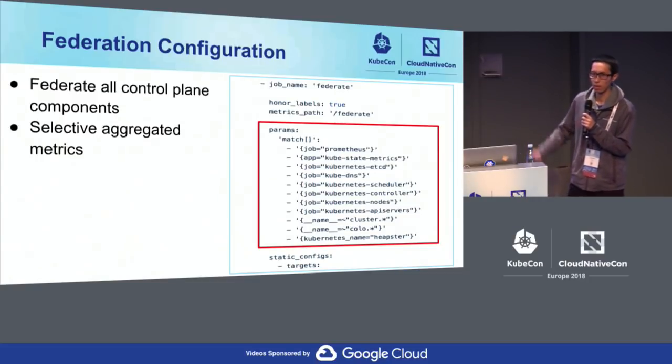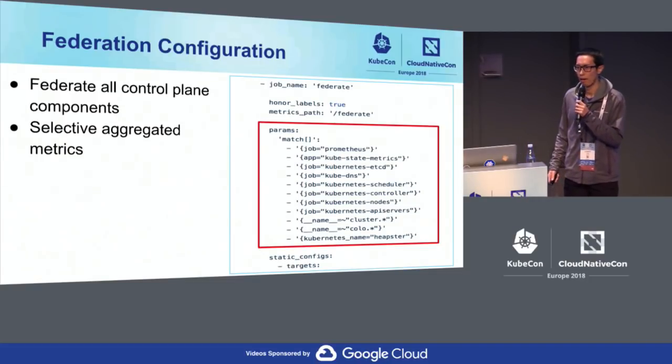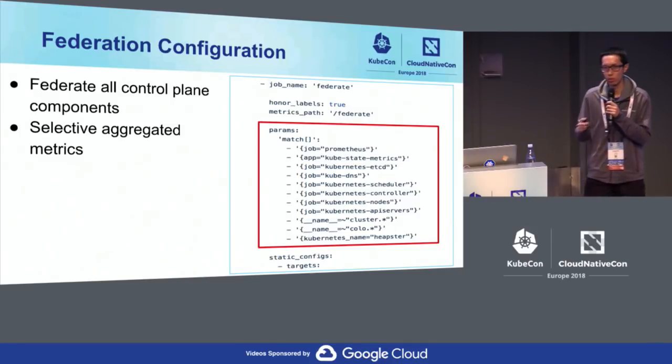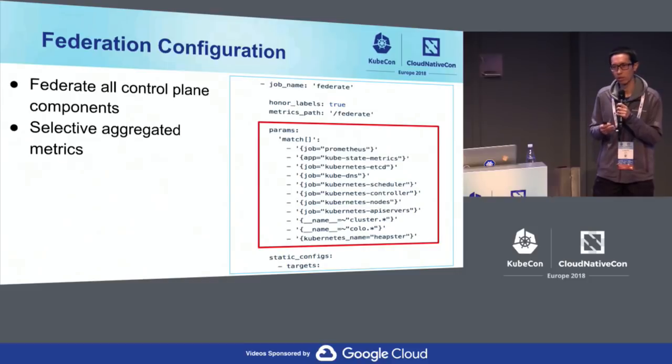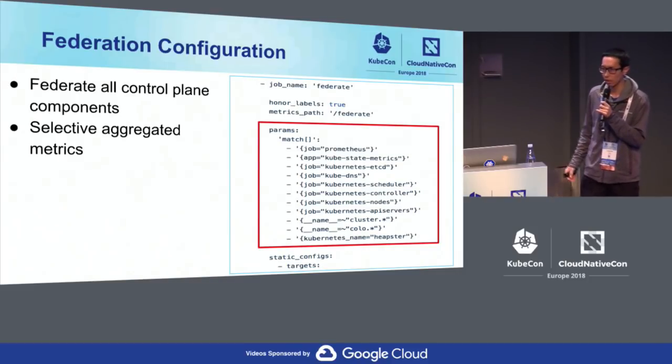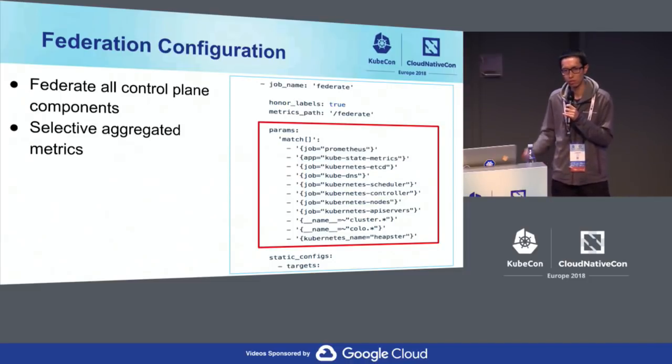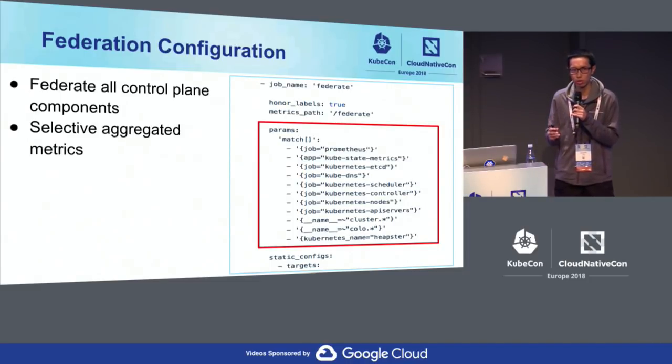So this is our federation configuration. I think in the federated Prometheus server we scrape two kinds of data. One is the aggregation data that we just mentioned earlier. The other kind of data is the important Kubernetes components, control plane components.